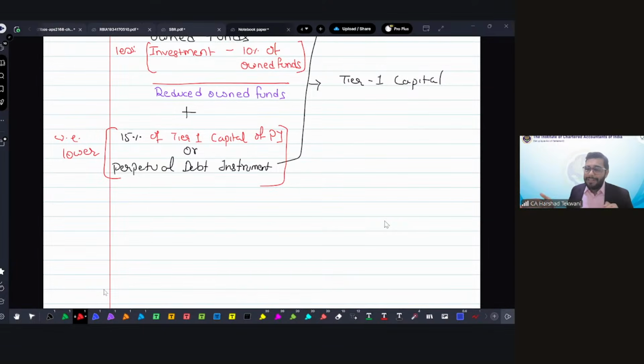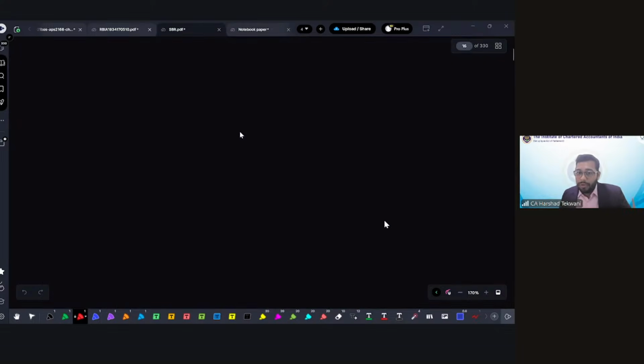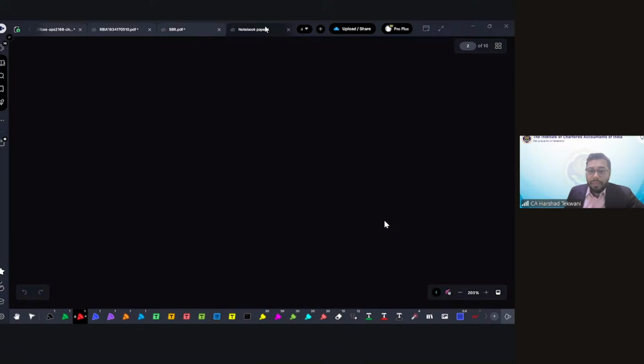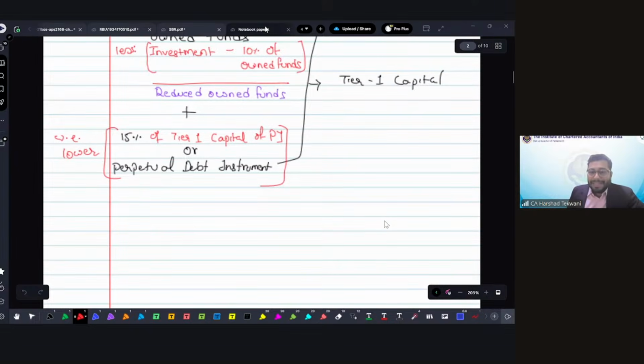If your 15% is lower, you are always restricted to that. If your perpetual debt instrument amount is lower, you will go for that. But I cannot exceed 15% of tier 1 capital of the previous year.